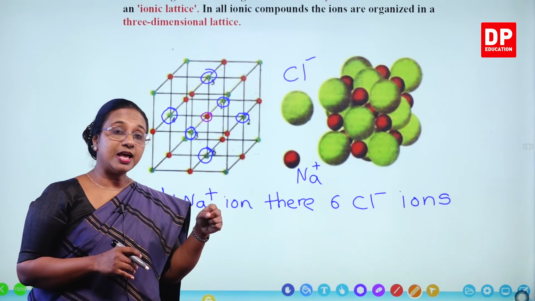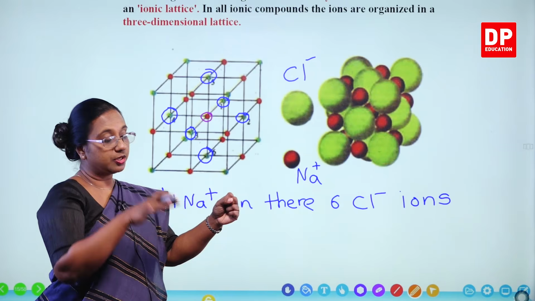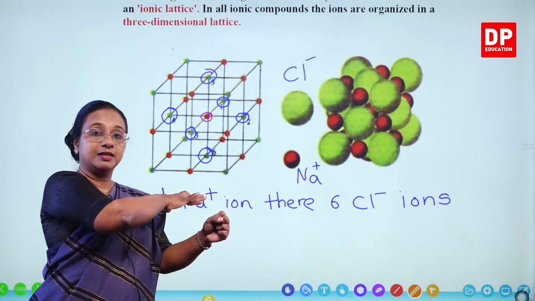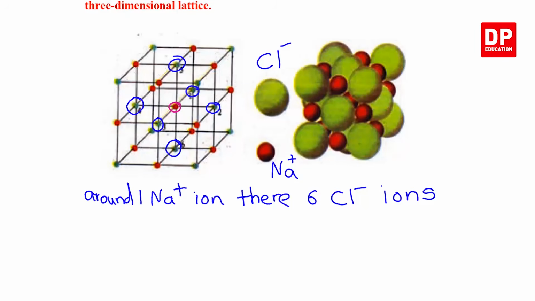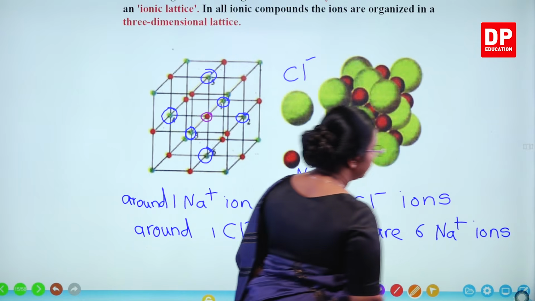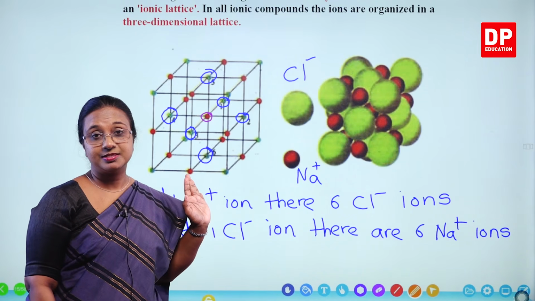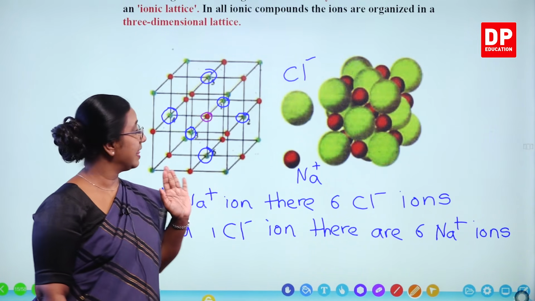There is one chloride ion in the middle, there is one on that side, this side, top, bottom, in front and back. So again, around one chloride ion, there are 6 sodium ions. So that is again the ionic lattice. Can you all understand that now?